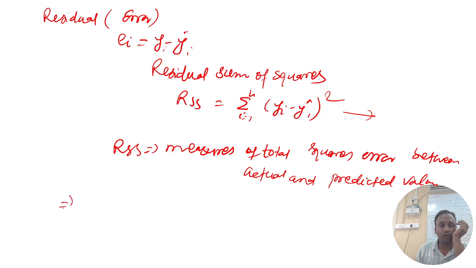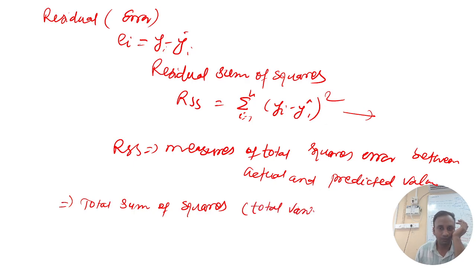Then one more term we have is the total sum of squares. It will check the total variation in y. So TSS will become the summation of (y_i minus y bar) whole square.